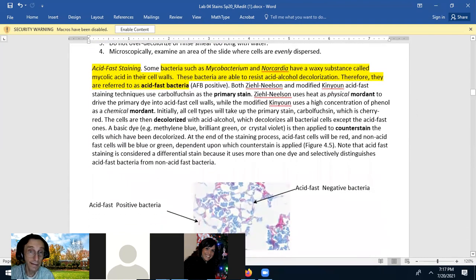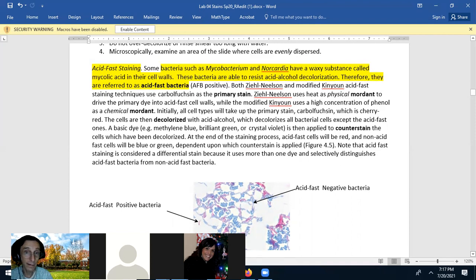The acid-fast stain is a stain we use to stain bacteria like Mycobacterium and Nocardia, which have waxy substances in their cell walls. This molecule is mycolic acid, and it's waxy, and it does not easily retain water-soluble stains.